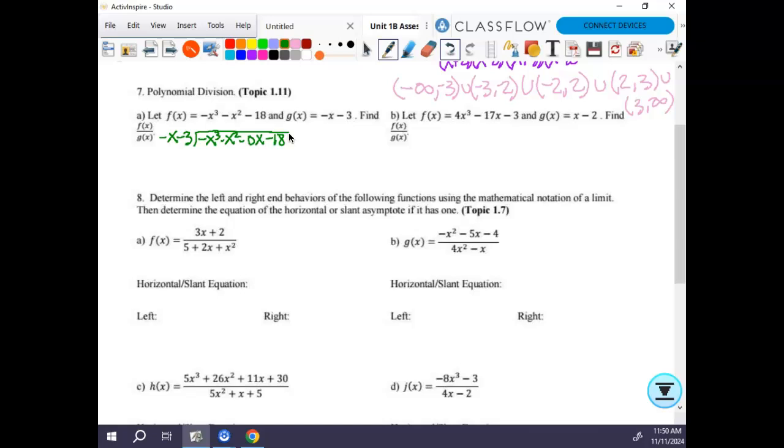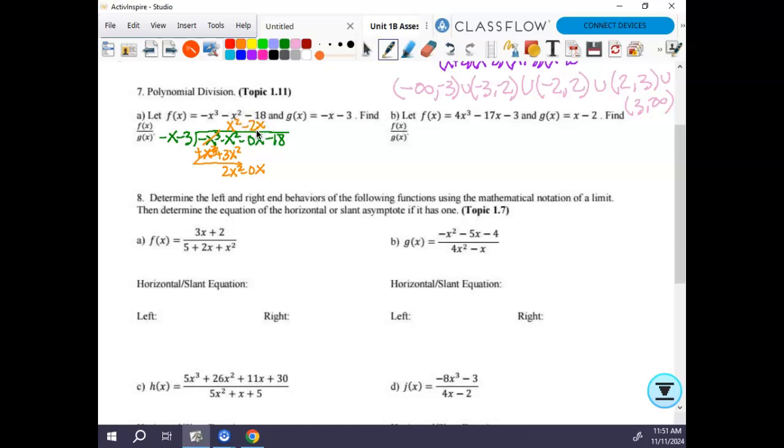Got to make sure you have your placeholders there. All right, so negative x cubed divided by negative x is going to be a positive x squared. It's going to be negative x cubed minus 3x squared. Then I have to go in and change the signs on the bottom row. Those 0 out. So I get positive 2x squared minus 0x. So positive 2x squared divided by negative x is negative 2x.